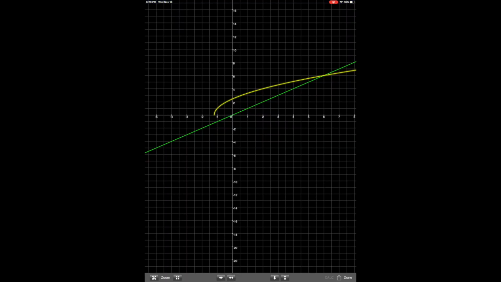So now our square root function, the yellow one on this graph, looks more like what you're used to seeing. It starts really close to negative 1, 0, and then goes up. We got an intersection point at 6, 6 as it continues on. And then our green is the line y equals x.